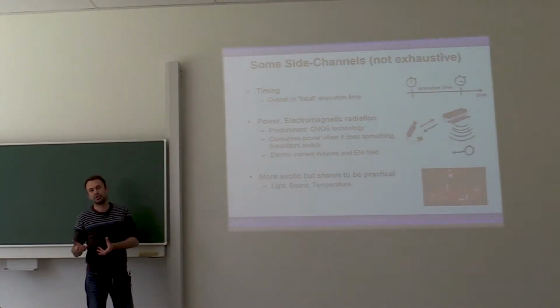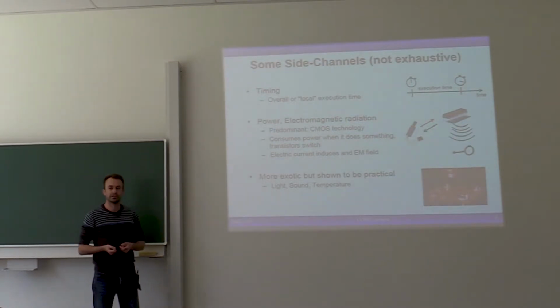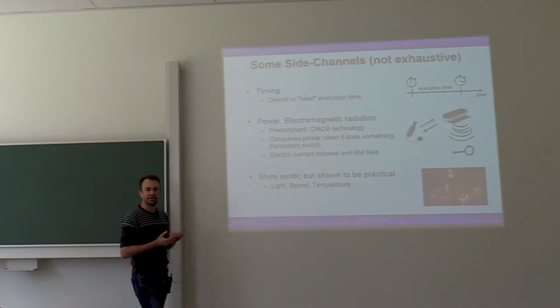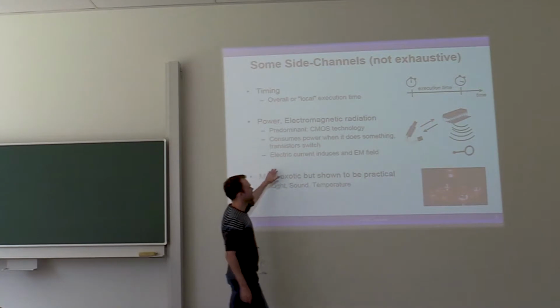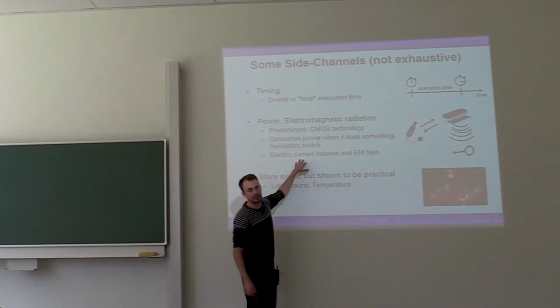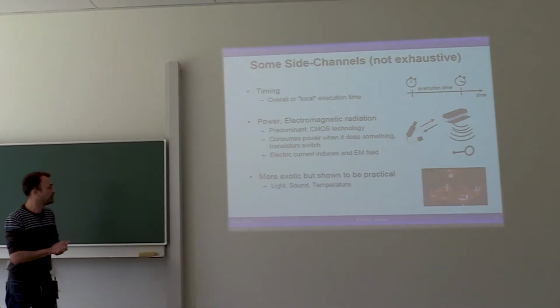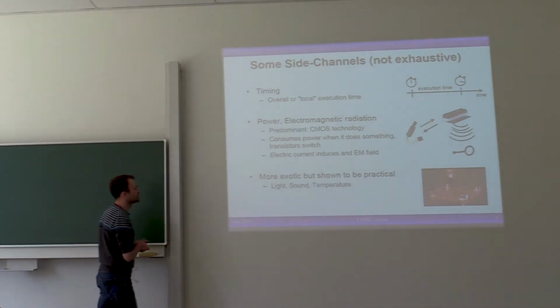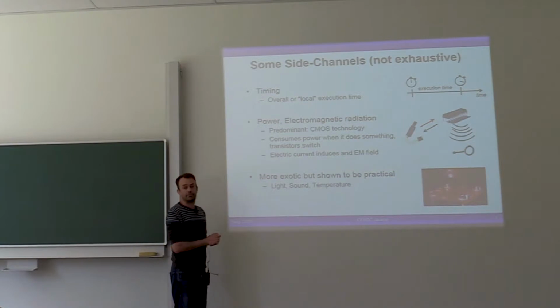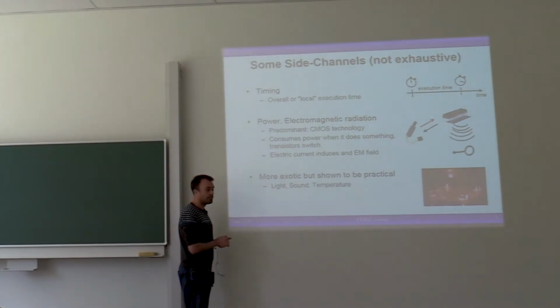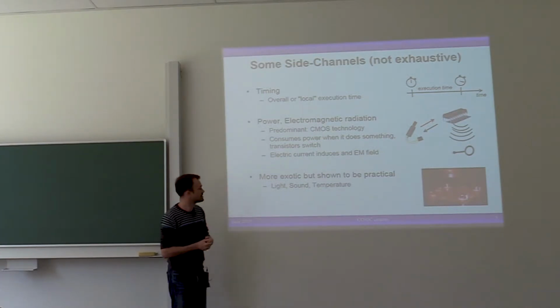So measuring the field is a little bit more difficult. It's not as convenient as measuring power, but whatever we can see in the field is going to be closely related to what we can see in the power consumption. People have shown many more exotic examples to be practical, in the sense that they actually carry information that can be exploited.